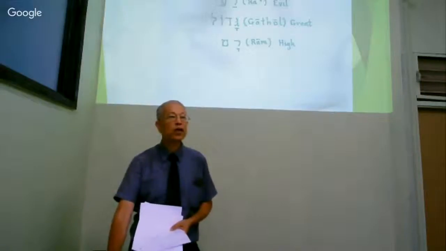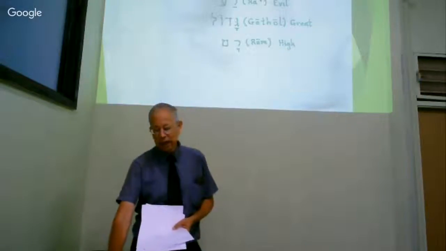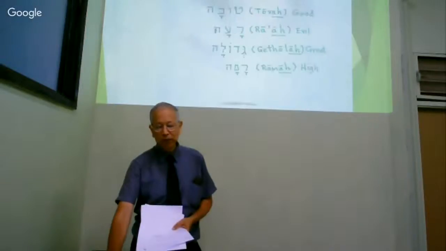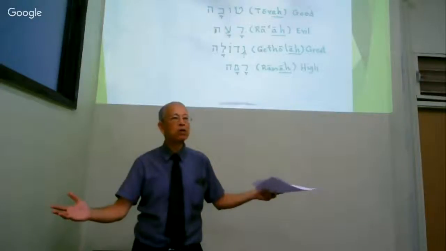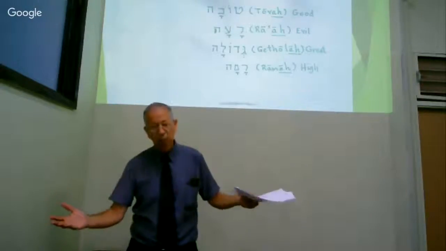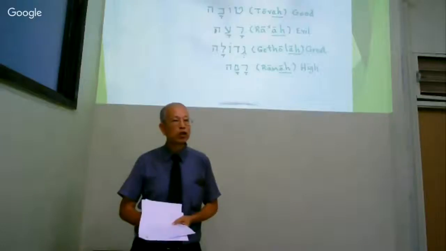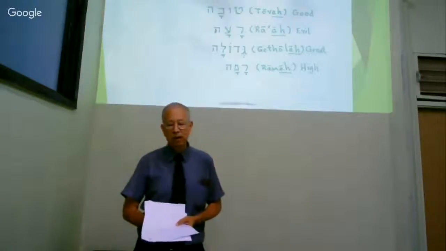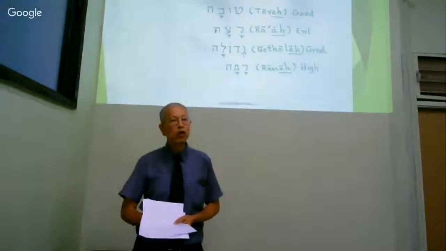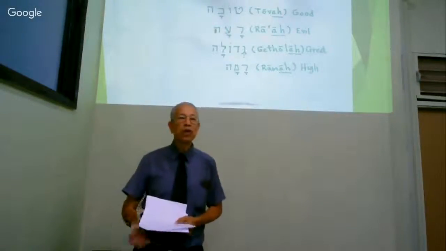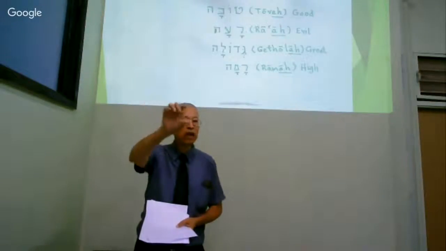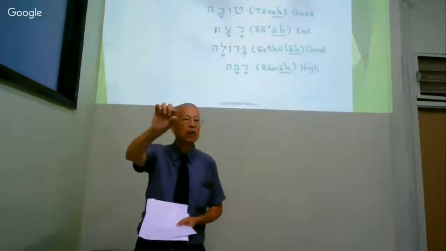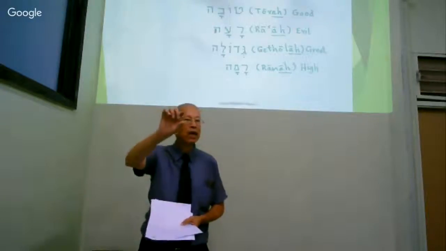But let us look at the feminine singular adjective. And the same thing that happened to the feminine singular noun can be applied to the feminine singular adjective. It is formed in the same way as you form the feminine singular noun. All you do is to take the masculine singular adjective and put at the end of it kames he, A-H.